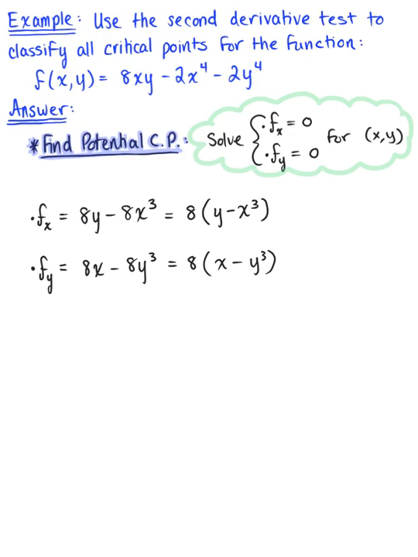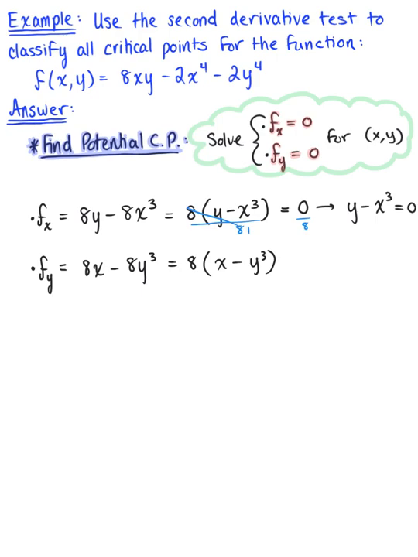Beautiful. Now again, thinking back to what we're trying to do here, we want to set both of these equations equal to 0. We're going to set both first order partials equal to 0. We can actually simplify this. We can divide both sides of this equation by 8, getting rid of that scalar multiple, leaving us with y minus x cubed is equal to 0.